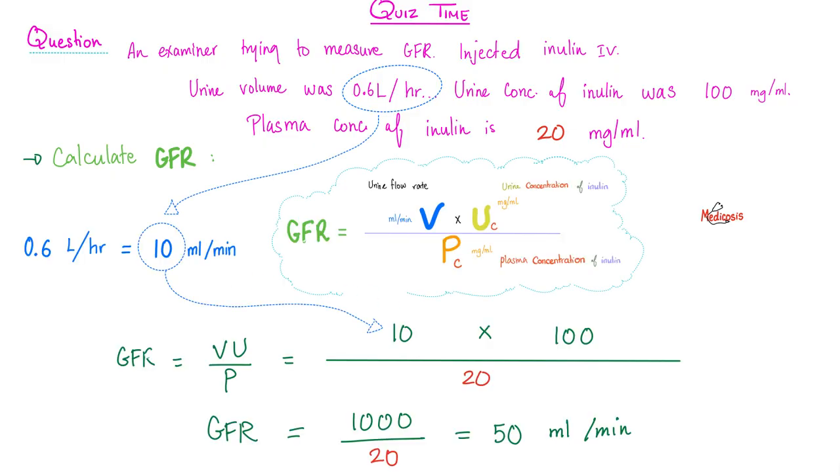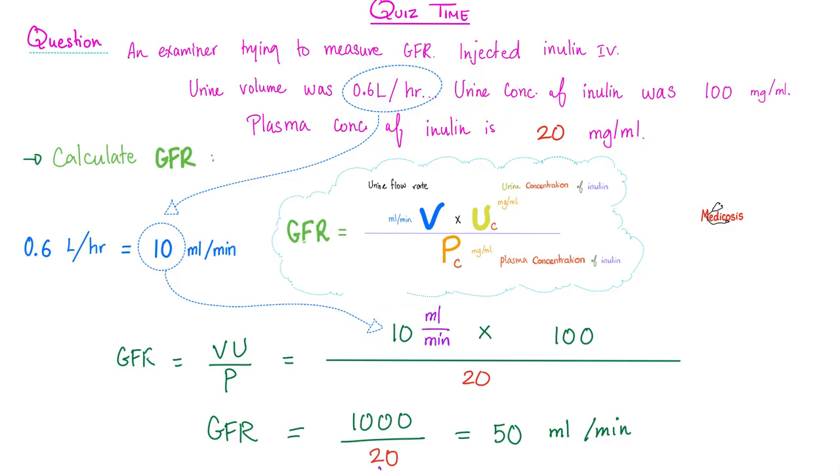Please pause. First of all, you see this liter per hour, but you see this milligram per ml, so we gotta convert this liter into ml. Also, we gotta convert hour into minute. So this is 600 mLs per hour, and since we have 60 minutes in an hour, it's about 10 mLs per minute. What's that? That's the urine volume, that's the V. So the V is 10 mLs per minute.